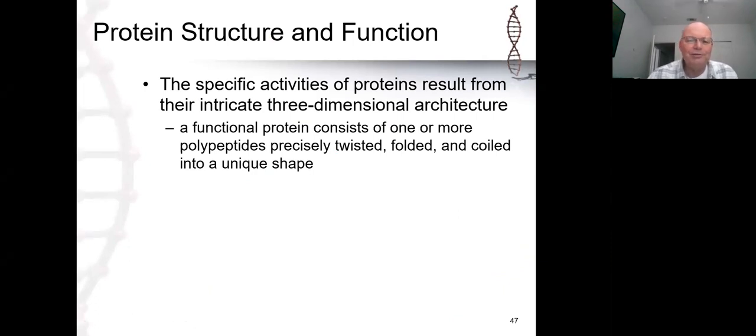If you know something about the structure, you know something about the function. If you know what function is to take place, that's going to tell you something about the structure. The two are very closely correlated or very tightly linked together. This is very, very true of proteins. Proteins have very, very complicated three-dimensional shapes.